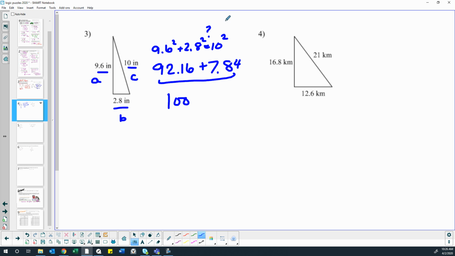Wow, look at that. The reason that interests me is that this side right here, which I didn't take the room to write out, 10 squared is 100. And so look, we got 100 on both sides. This is true. So that means that this is in fact a right triangle.